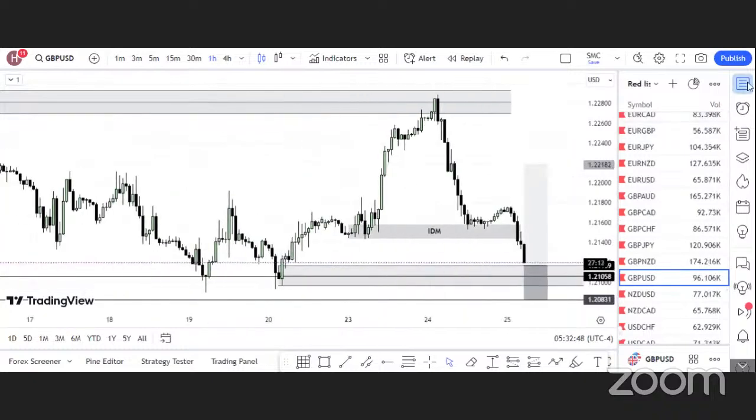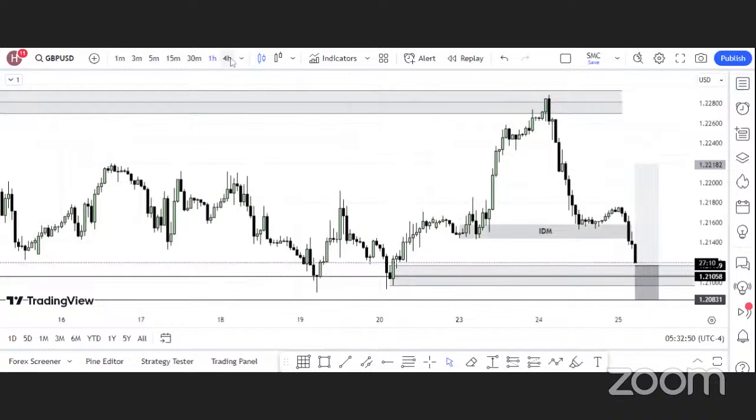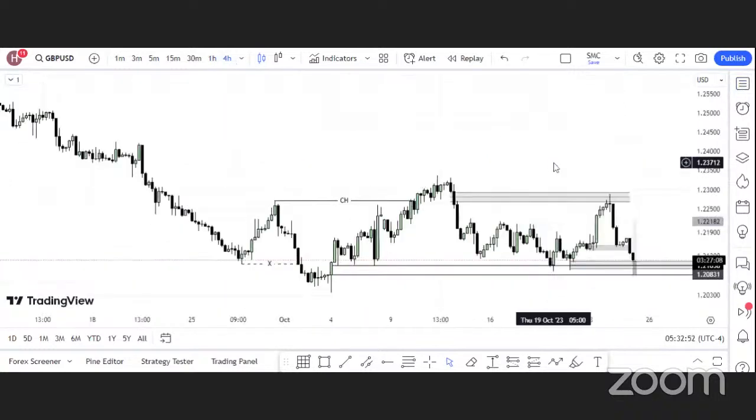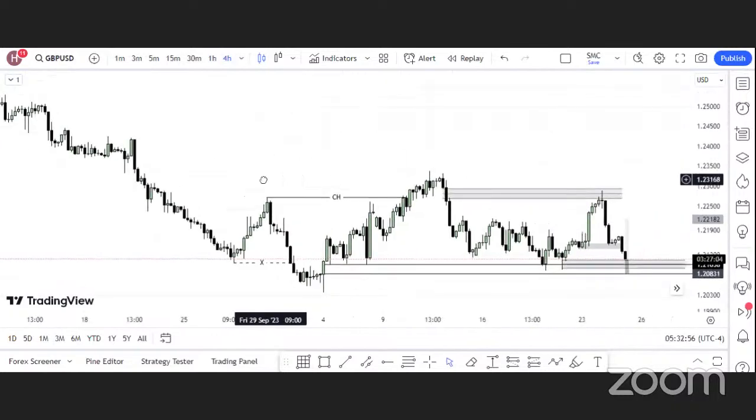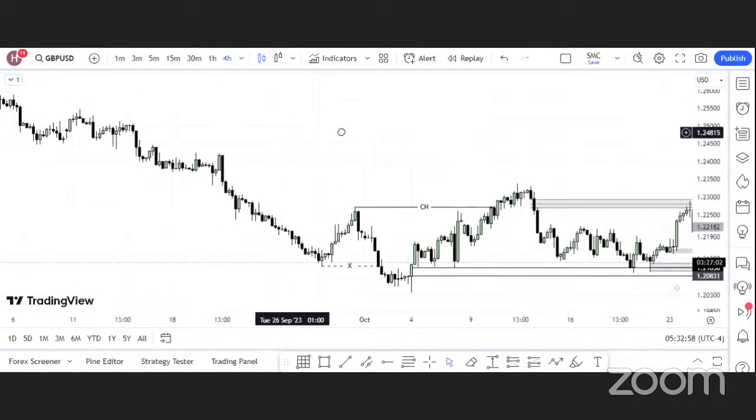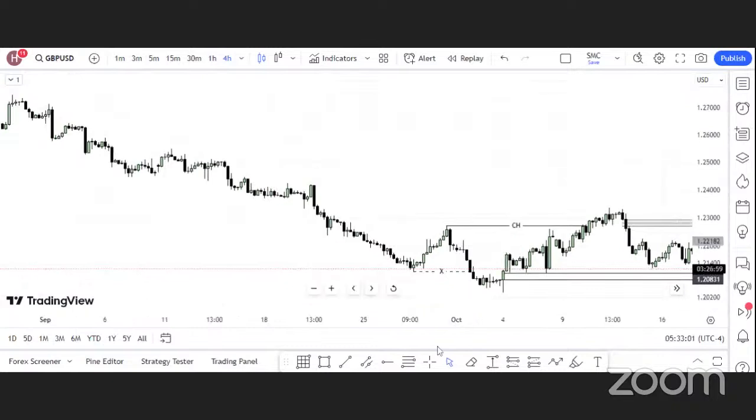So our analysis is based on what is happening on the 4-hour time frame. All right. And as you can see, as I've said earlier, the market was heading to the downside. I just want to walk you guys through why I made this analysis, why I think the market is going to go up. You see, we have this high. Let's just start from here.